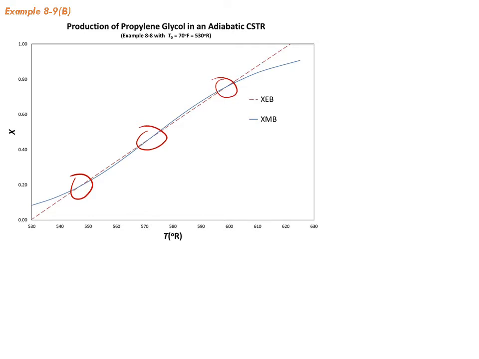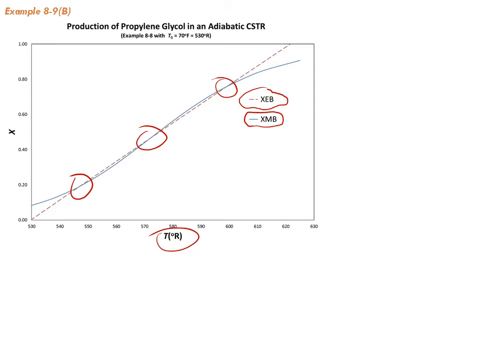And we found that when we plotted the conversion found from the material balance and the conversion found from the energy balance versus temperature, where they meet, that means this is a steady state, because both of these equations were derived for a steady state case.